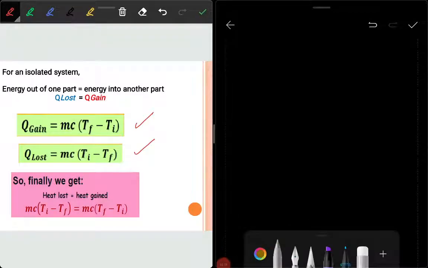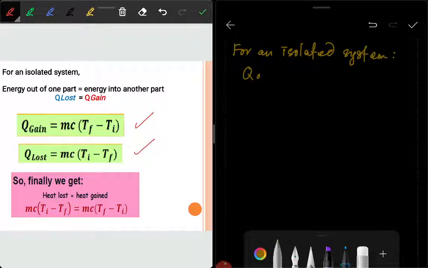For an isolated system, heat gain plus heat loss is equal to 0.